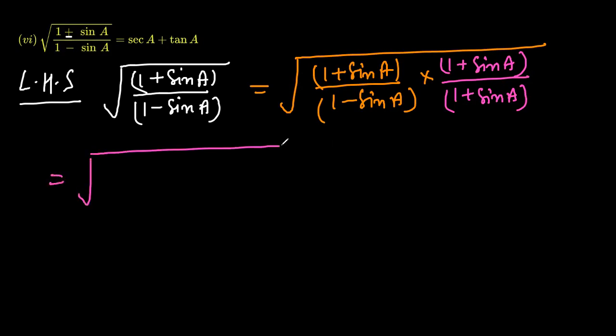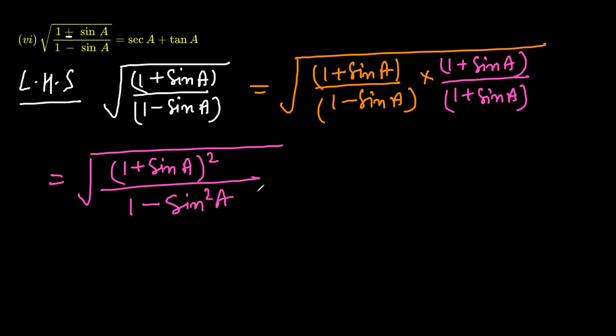The square root sign is as it is, and inside the square root sign, we get 1 plus sine A whole square, divided by 1 minus sine A times 1 plus sine A, that is 1 square minus sine A square, because A plus B times A minus B is A square minus B square. B is sine A and the square of it.